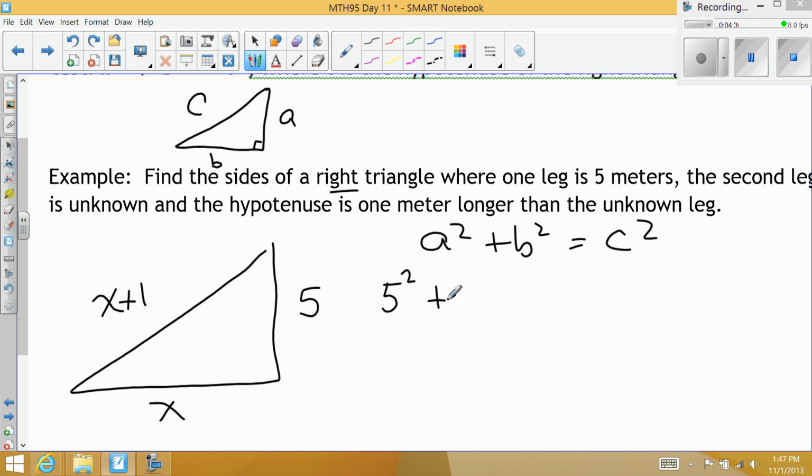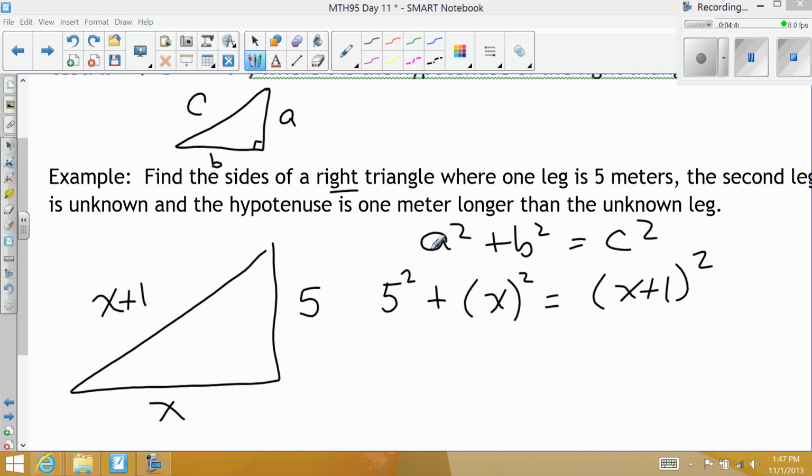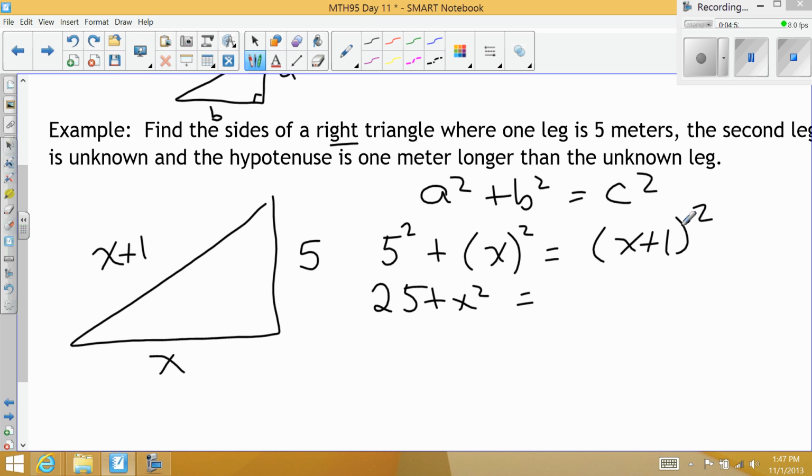a is 5, b is x, and c is x plus 1. This side simplifies pretty easily: 25 plus x squared. And be careful here. This does not equal x squared plus 1 squared. We have to FOIL this out or use our formula for the perfect square.